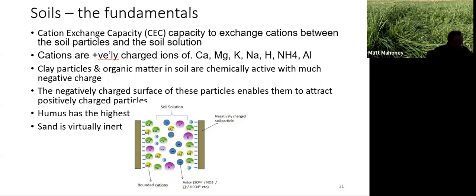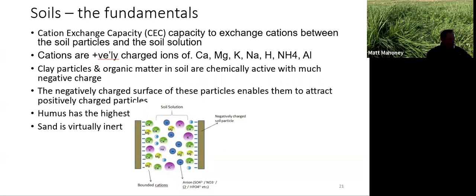Clay has a great capacity to attract and hold the cations because of its chemical structure. So the clays naturally have a high negative charge on their surface.